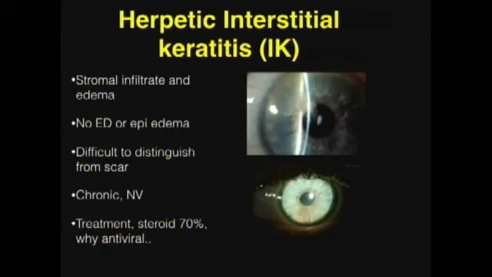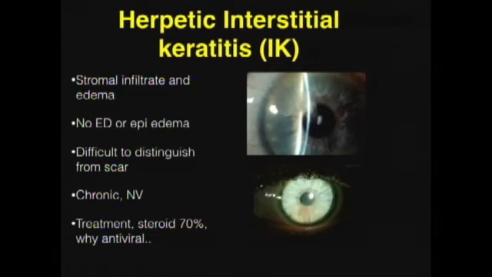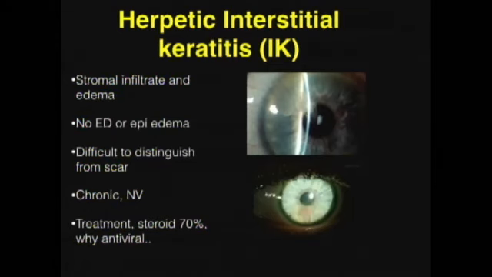according to the HEDS study, although they did not look at the stromal keratitis, the disciform keratitis as a separate group. They looked at the stromal keratitis, the IK, and the disciform as one group. And they found that if you give PO antiviral, it will not decrease the recurrences or treat the active infection.